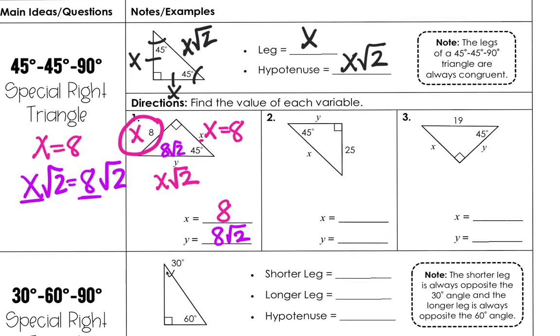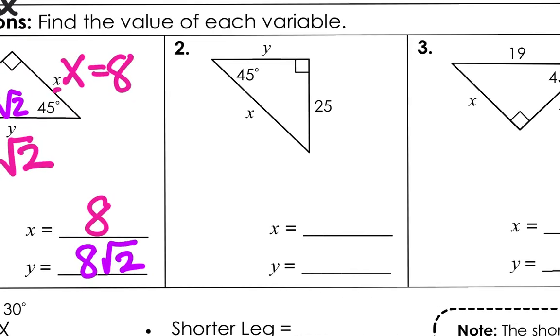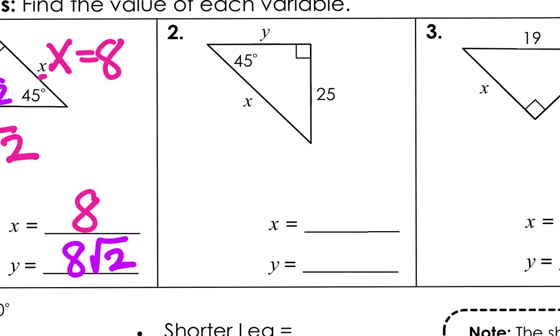All right, I'm going to zoom in on this one a little bit. We have a 45, 45, 90, so I'm just going to worry about my labels. The legs are X, the hypotenuse is X square root of 2. This is the pattern, okay? Circle the information that is given. They gave me that side is 25. Therefore, I know that X is 25.